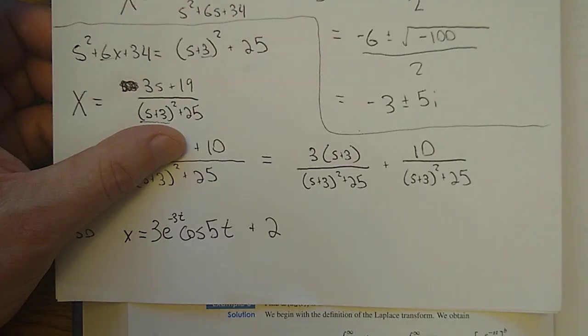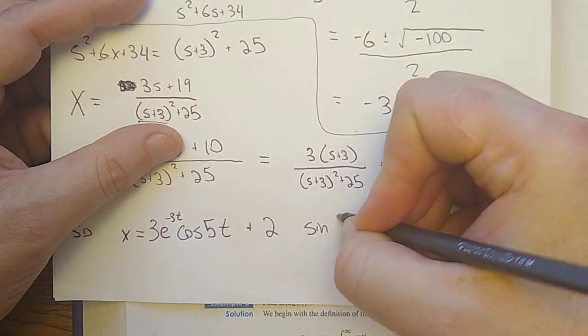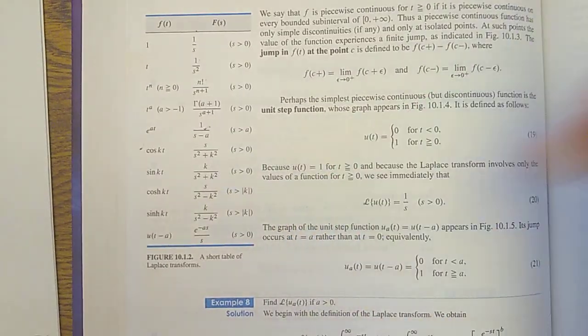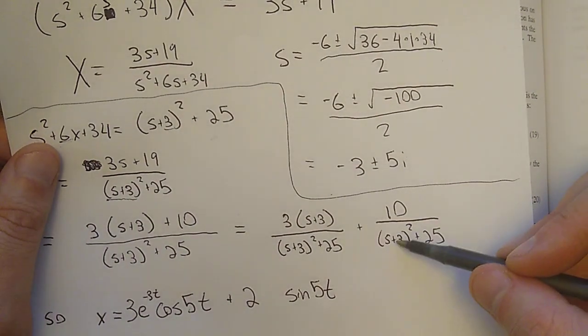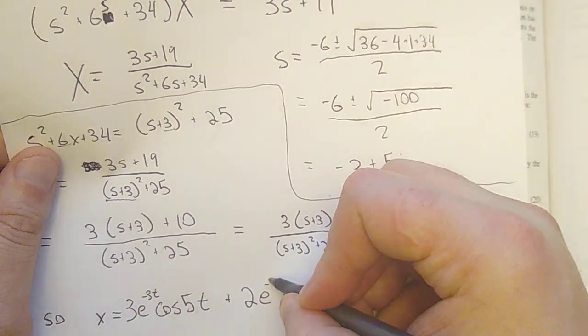So this 10 has an extra 2 factor, so I'm going to put 2 here, and then sine of 5t, because that's the formula I was looking at. And because these were s plus 3's instead of s's, I do e to the negative 3t.